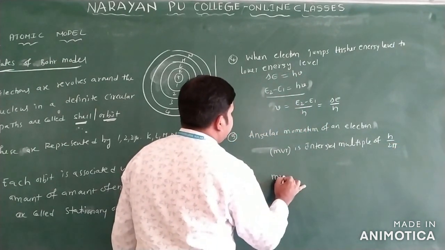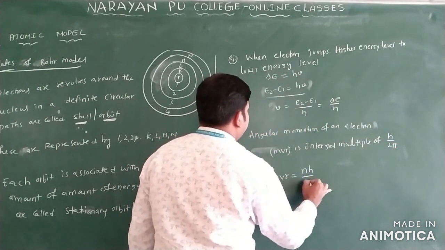So we will write here MVR is equal to nh by 2 pi.